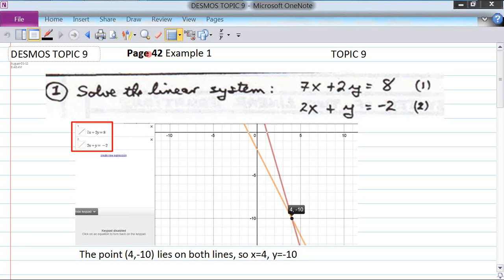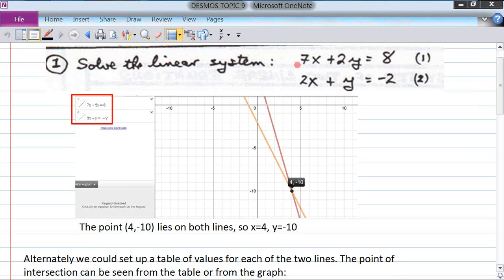If we look at page 42, example 1, here we see solve the linear system. Really what we're looking for is where these two lines intersect. You can see it's very easy. I just put 7x plus 2y equal 8 into box 1 of Desmos, and then put 2x plus y equal to minus 2 into box 2.